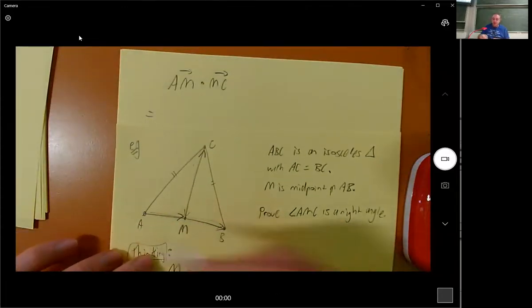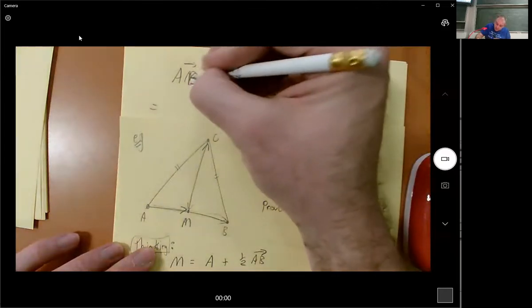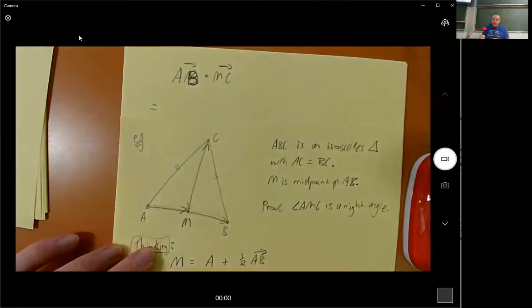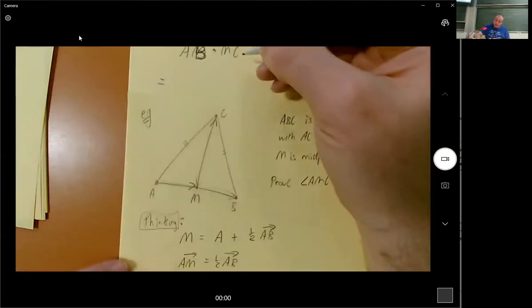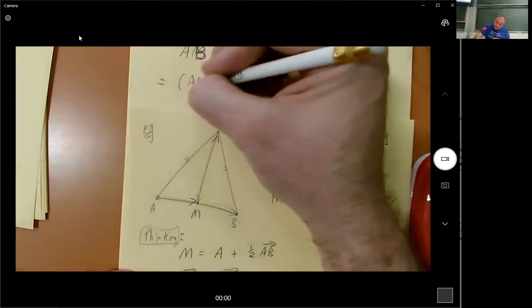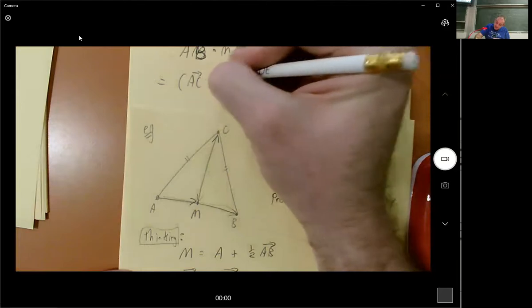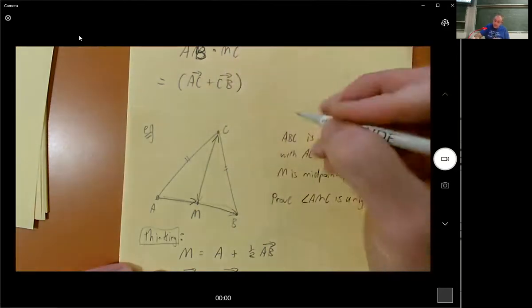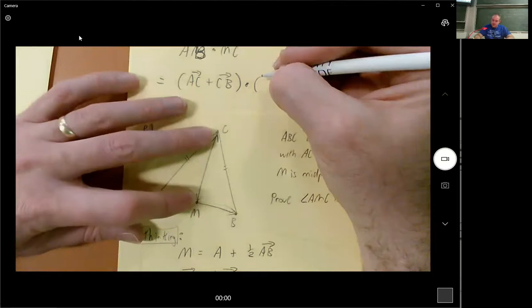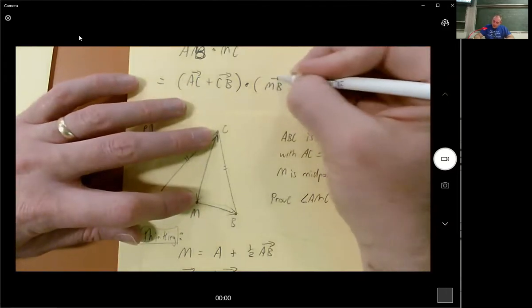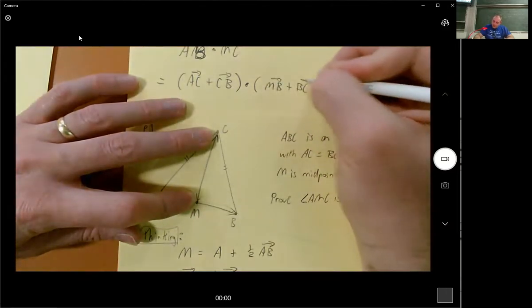So I reckon I'm actually going to just go AB dot MC instead of AM, because that would also make them perpendicular. It doesn't really matter how long this vector is, it only matters what direction it's going in. So AB is AC plus CB. And MC is MB plus BC.